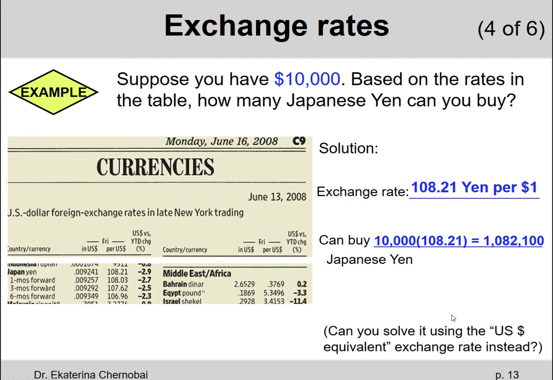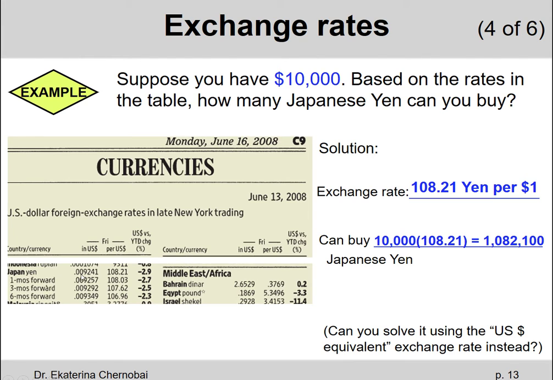How would you instead solve this problem using the exchange rate from the first column, which is 0.009241? So this is labeled as in US dollars, right? So how many dollars gives you 1 yen? And the way you would use this number is, because you have $10,000 and you know how many dollars gives you 1 yen, you would need to divide $10,000 by 0.009241 from the first column.